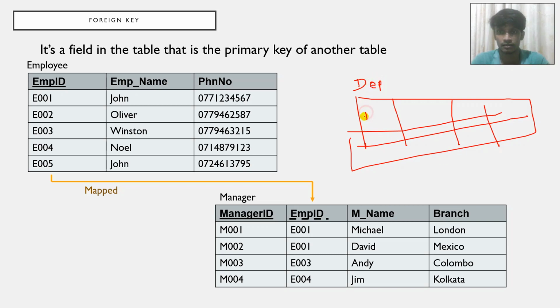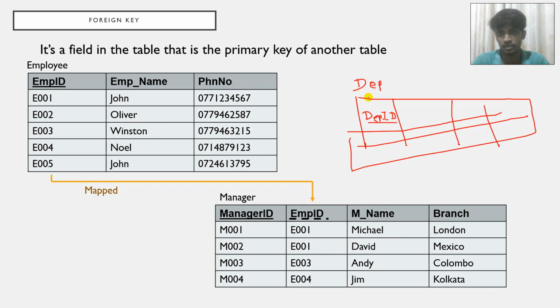So imagine its primary key is the dep ID. Sorry, dep ID is the primary key of this relation. So if we want to relate this table also, then the only way to make that relationship is to initialize this dep ID as a foreign key in this table or this table.